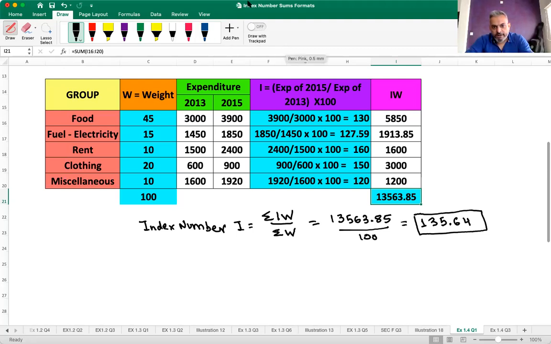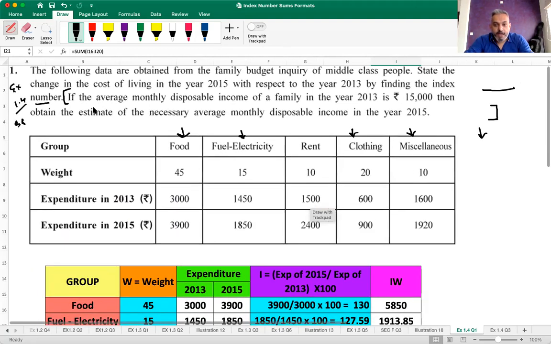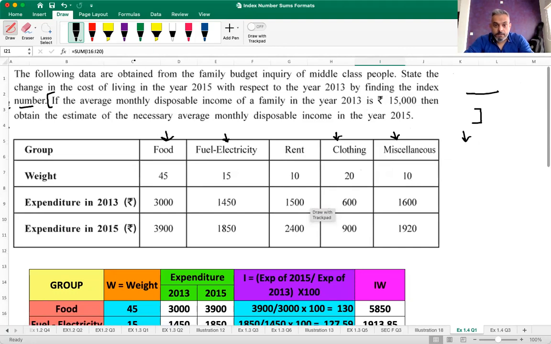Now, sum is not yet over. Now, what you have to do over here? See this part. If the average monthly disposable income of a family in the year 2013 is 15,000, that is, the expenditure a family makes in 2013 is 15,000, to obtain the estimate of necessary average monthly disposable income in the year 2015, because of inflation the prices have gone up.